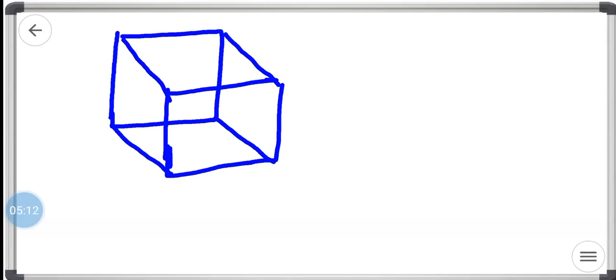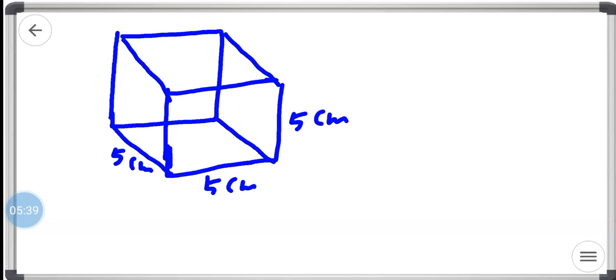This is my diagram for my cube. We are told that the length is 5 centimeter. All sides are equal in a cube, so I'll write 5 centimeter here, here, and here.